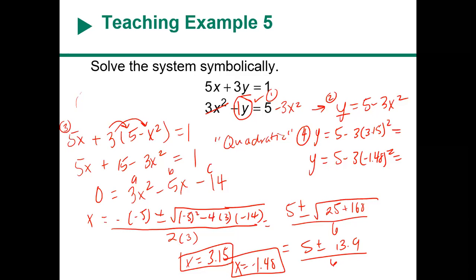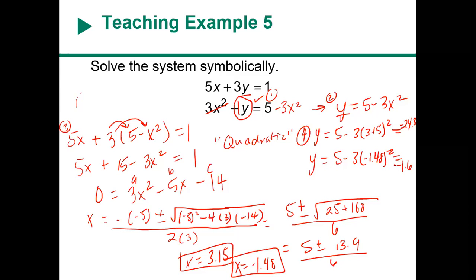And we get about negative 24.88. And then on the next one, we have 5 minus 3 times negative 1.48 squared. And that gives us negative 1.6.